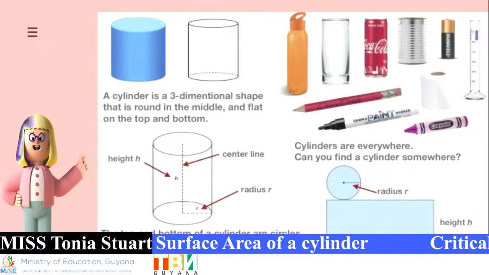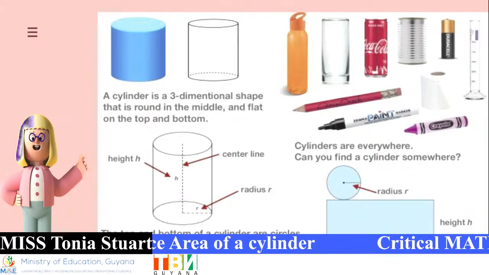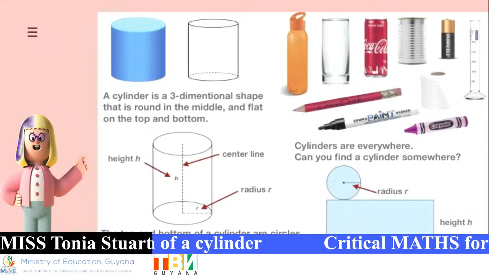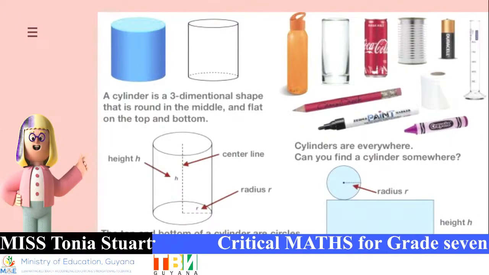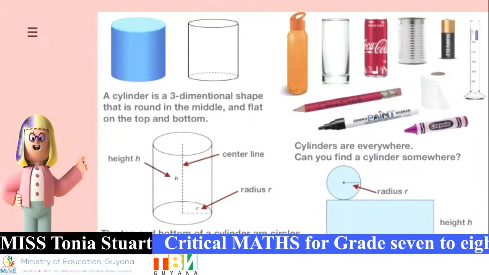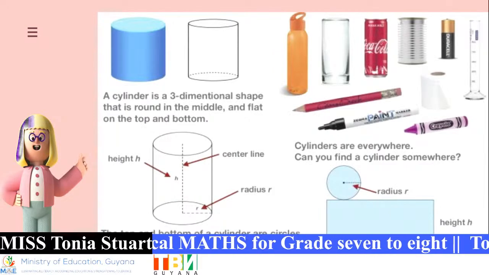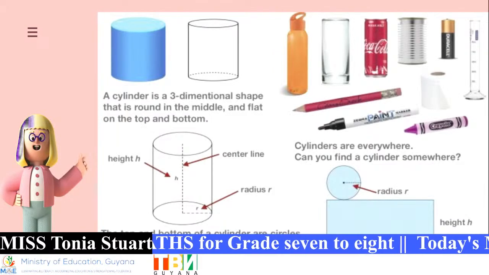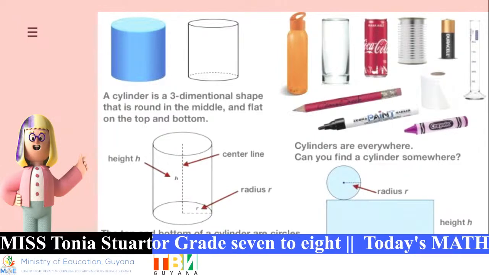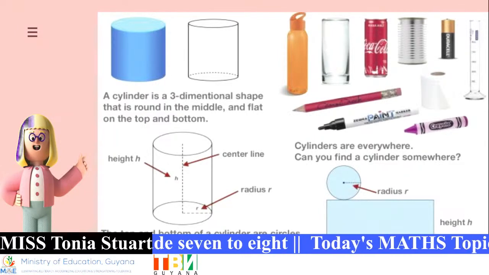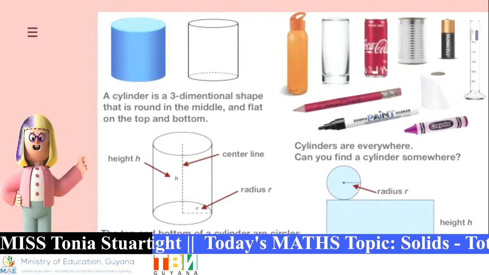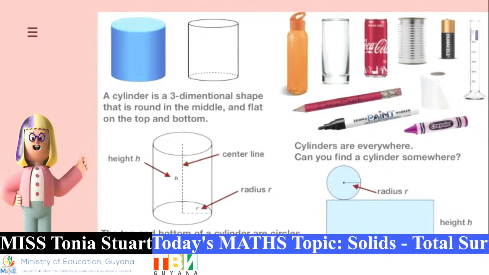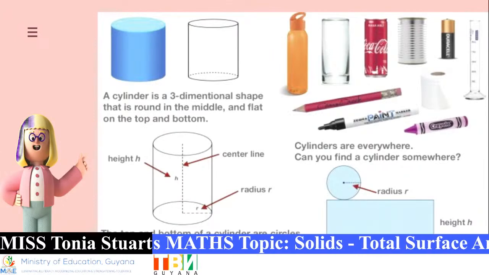All right, so as we have with a tin, we would have seen that. Shamar? The top and bottom of a cylinder are circles. All points on the side surface have the same distance to the center line. The side surface is rectangular when expanded. Good, as we said with the net, if we cut the tin open and flatten or expand it, we will get a rectangle or maybe a square.